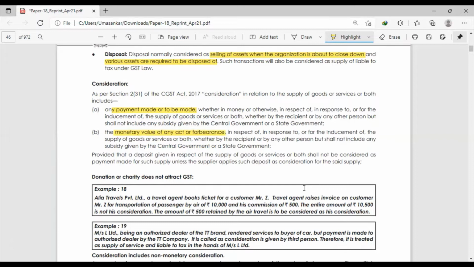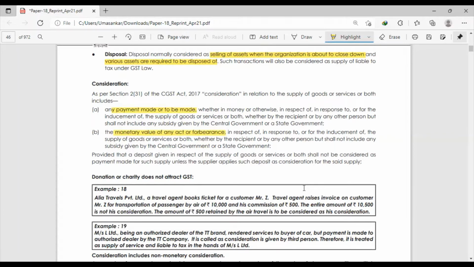So when you are paying something, or you have already paid, or you are going to pay, it is called consideration. For what? In response to, or for the inducement of, the supply of goods and services or both, whether in money or otherwise, means in money or kind. Why are you paying?